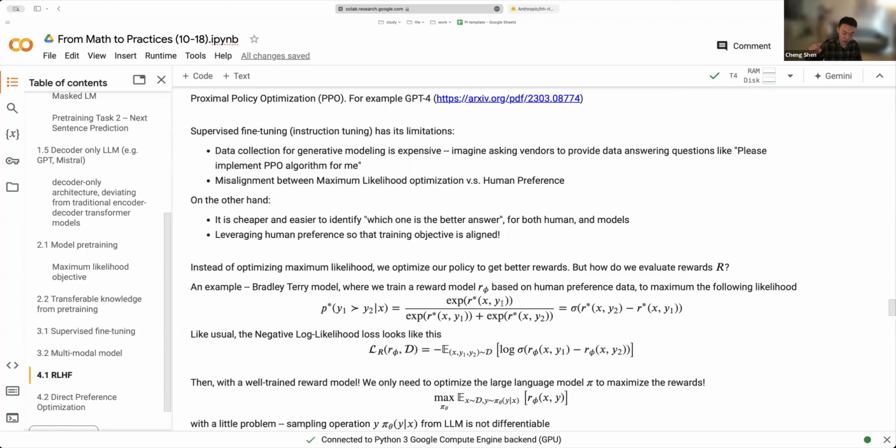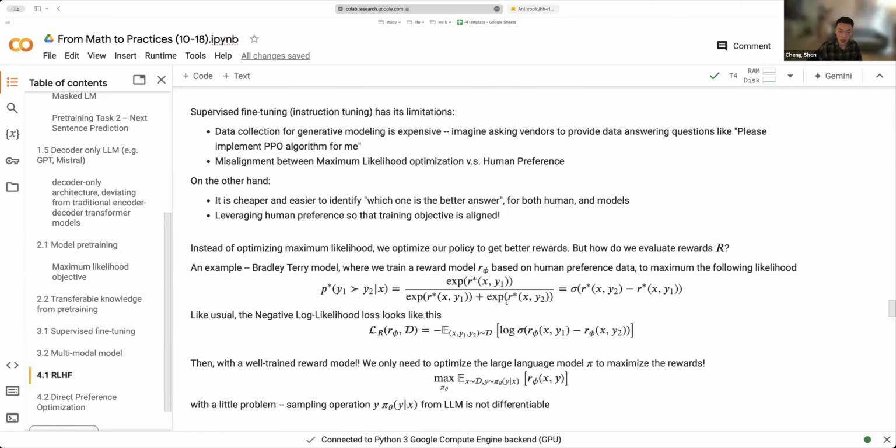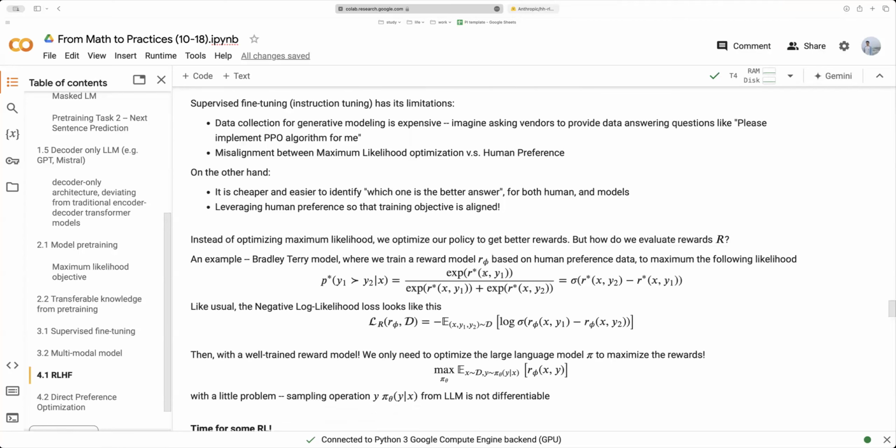But usually people add a final linear layer to it to take the output of the final decoder, and instead of predicting the next token, we run the regression to give a reward based on the inputs. And the likelihood when we train the reward model is this one here.